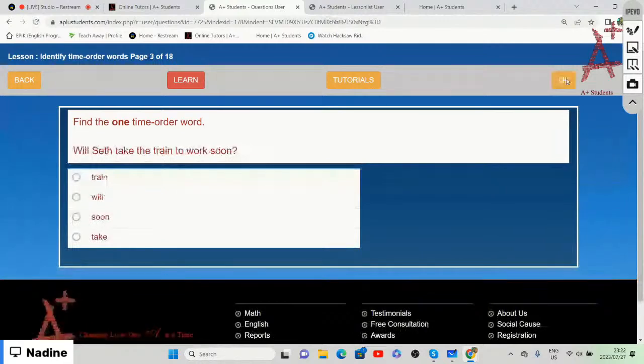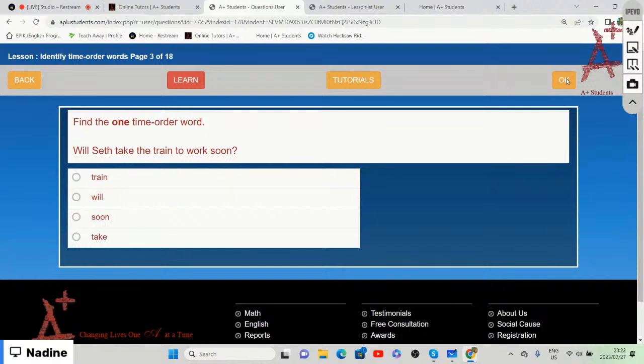Seth will take the train to work soon. The options that we have are train, will, soon, and take. We need to find the one time order word. Seth will take the train to work soon.